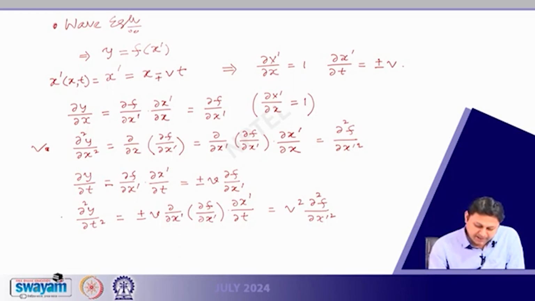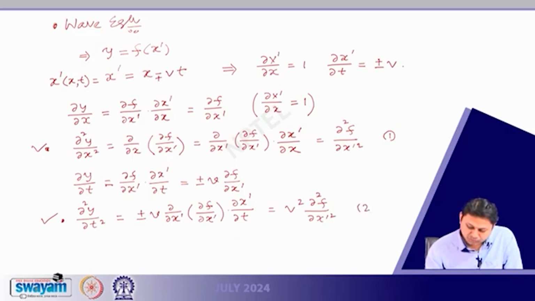So I can also have the value of the second order derivative, but if I compare equation 1 and equation 2, then we can readily have one expression, which is one differential equation: d2y dx square is equal to 1 by v square d2y dt square.